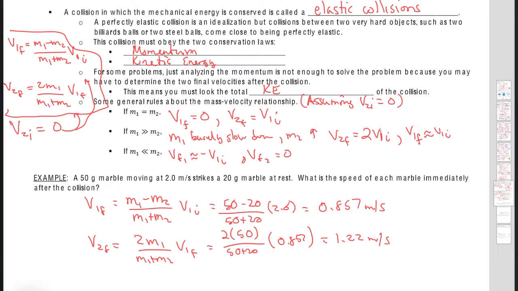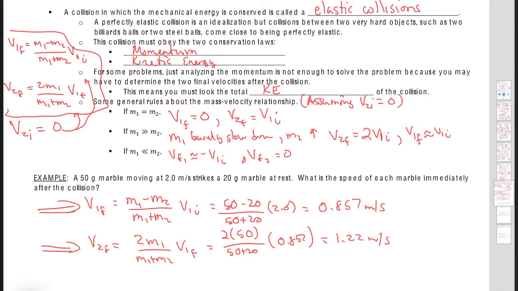We're using these shortcuts to do this calculation. It becomes very long if you do it using momentum, conservation of energy, and so forth. So if you can memorize these two equations, that would be very beneficial to you.